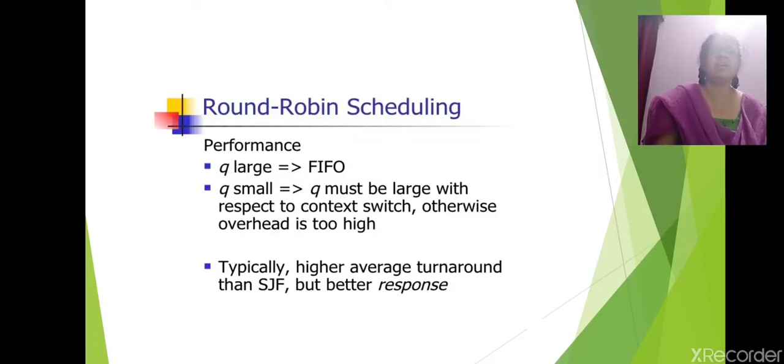In contrast, if the time quantum is very small, say 1 millisecond, then the RR approach is called processor sharing, although it is a theoretical concept, and it creates the appearance that each of n processes has its own processor running at 1/n the speed of the real processor.